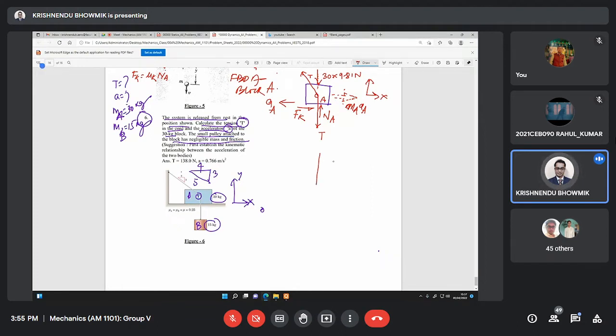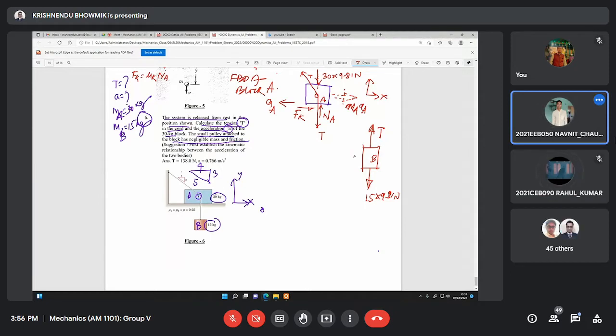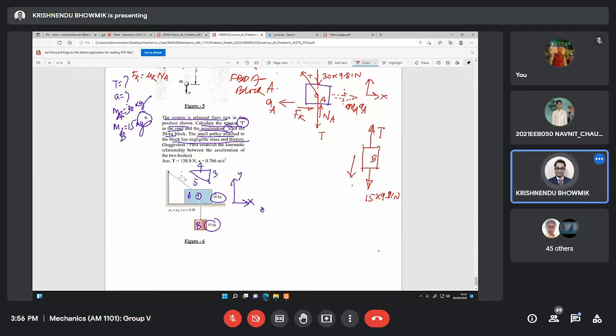Now come back here. FBD of block B. Maybe I'll draw here. So for B, 15 multiplied by 9.81 Newton. Here it is T. Which direction will it move, up or down? Downward.